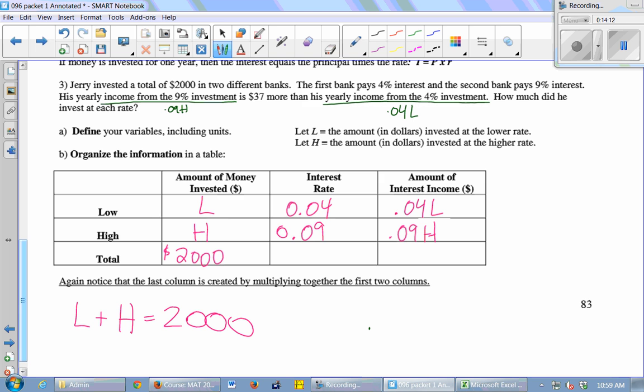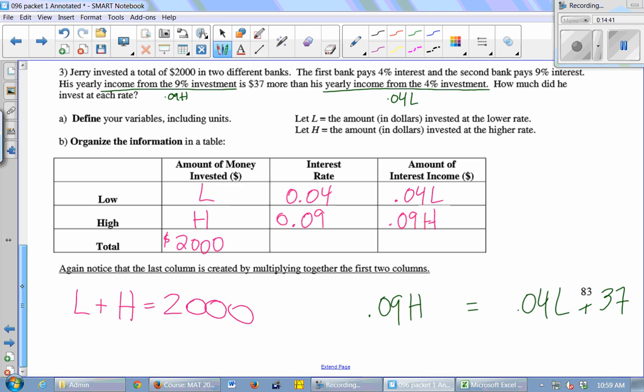So I'm going to write 0.09 H, an equal sign, and 0.04 L. They're currently not equal, right? 0.09 H is bigger. So in order to make these balance, where should I put a 37? On the right-hand side. Yeah, I need to add the 37 to the right-hand side to make those scales balance.